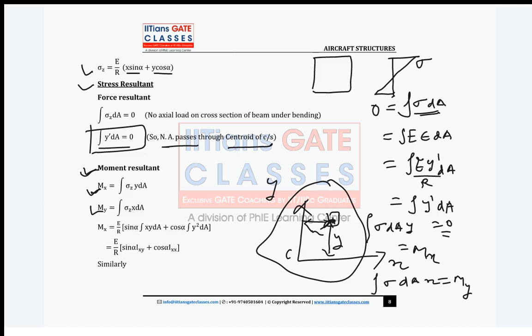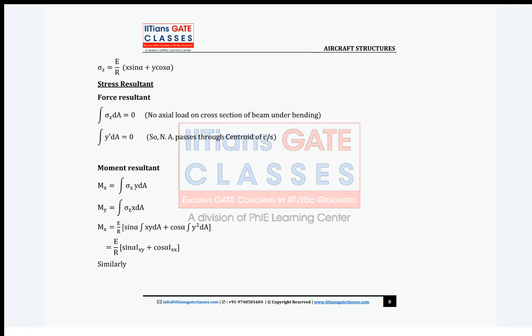Now guys, in this Mx and My, we can substitute the value of sigma z from this equation. When you substitute these values, you can see your Mx will be E by r, sin alpha integration xy dA plus cos alpha integration y square dA. Now guys, what is this? Can anyone tell?